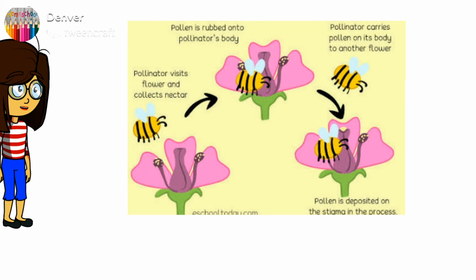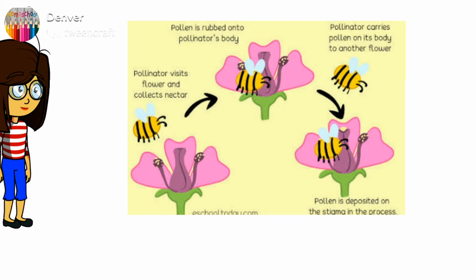When insects sit on the large and bright flowers, while feeding on nectar and pollen, the insects pollinate the flowers. It means the pollen grains stick to the insect, and when that insect sits on another flower, the pollen grains get transferred to that flower. In this way it pollinates the flower.